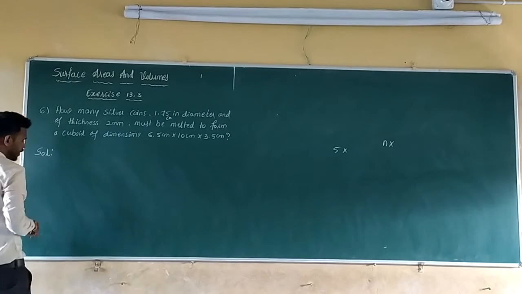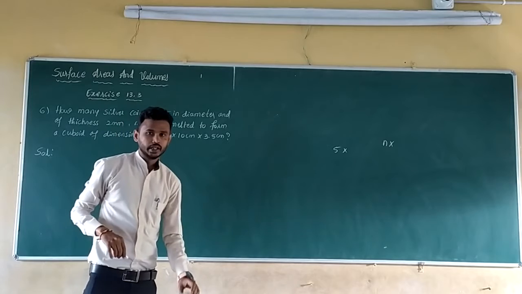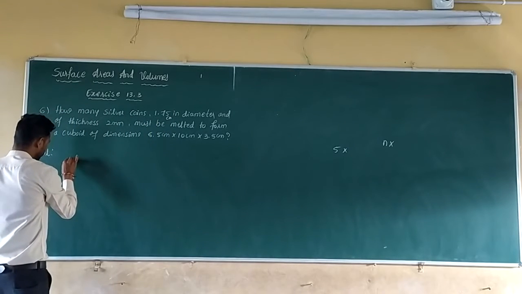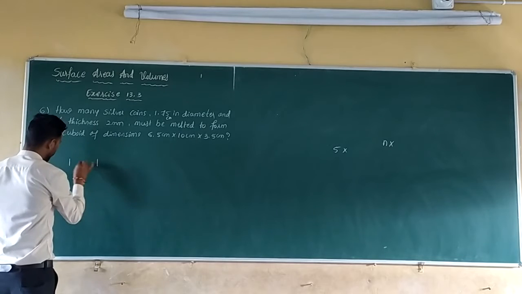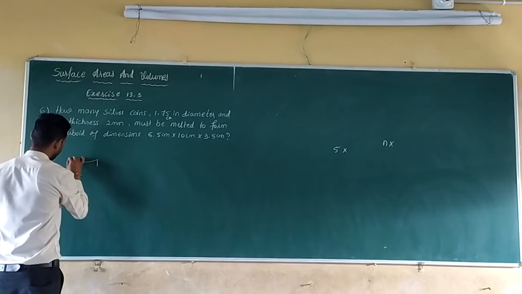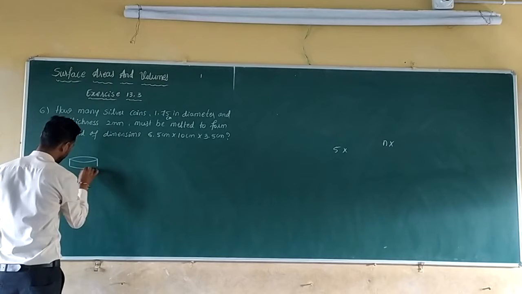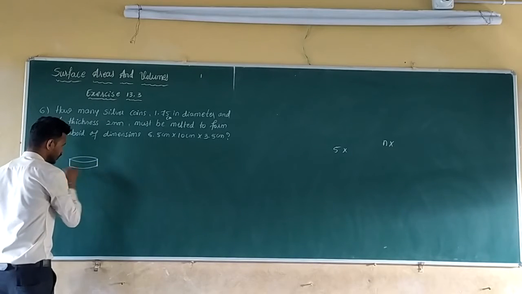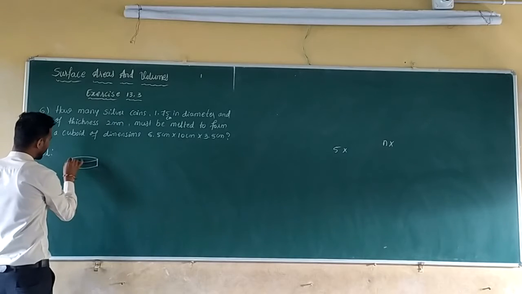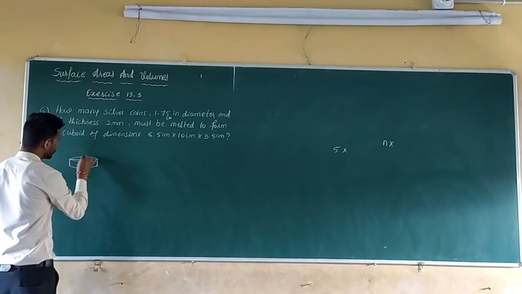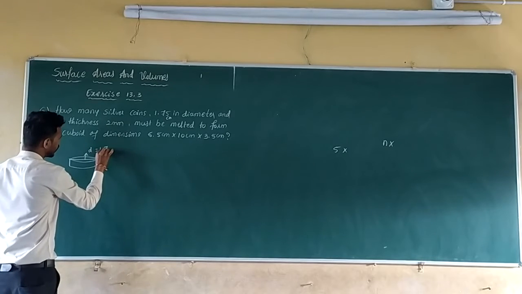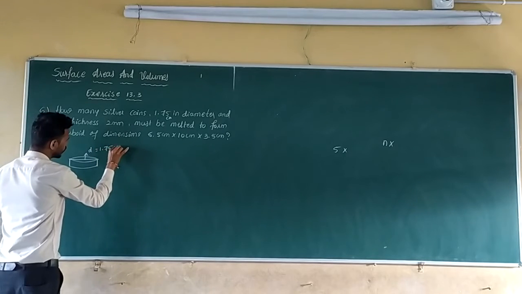Now the coin, it is in the shape of a cylinder with some thickness. So they are given that the diameter of the coin is 1.75 centimeter.